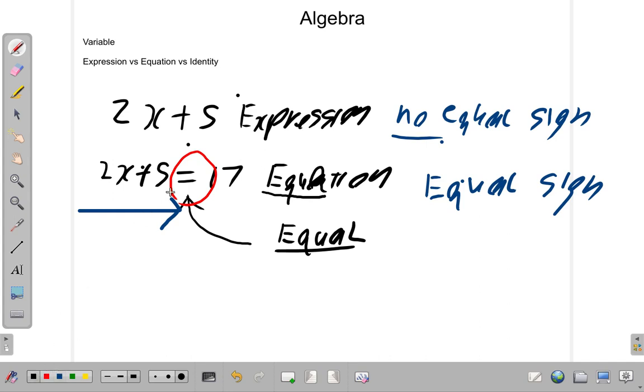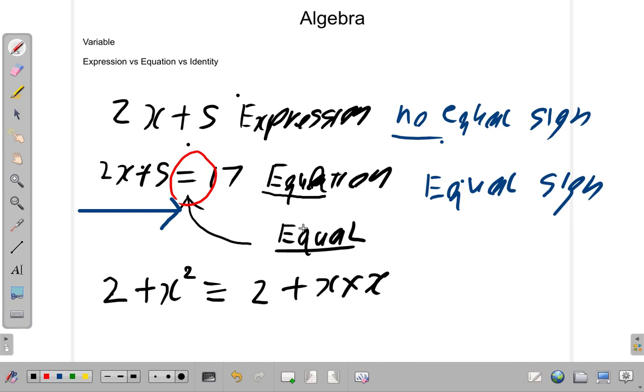Now, as an identity, I could say, for example, 2 plus x squared, three strokes, means is identical to 2 plus x multiplied by x.